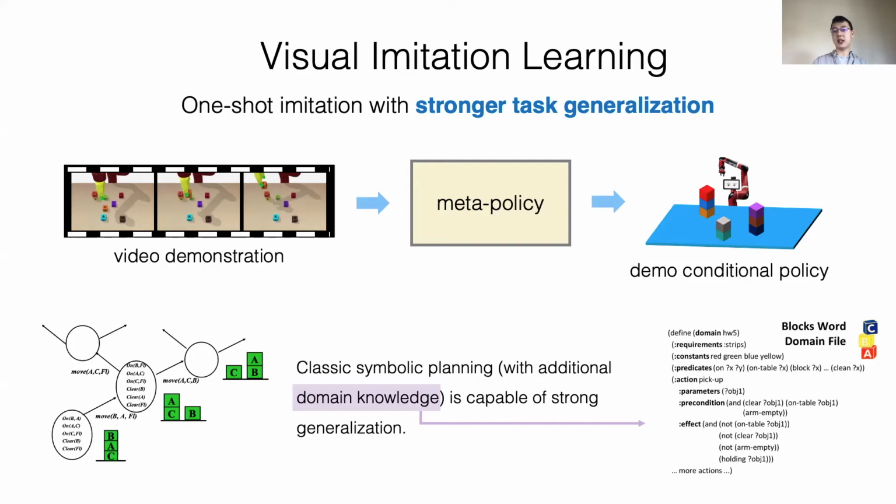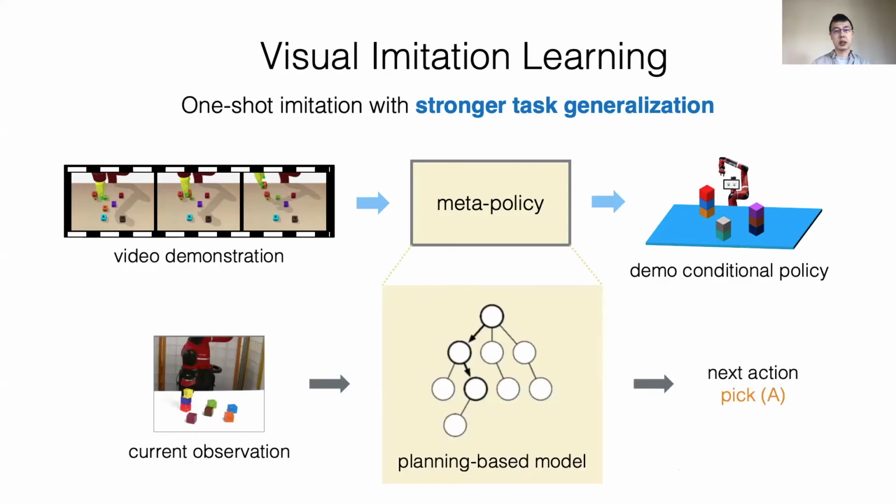A symbolic planner comes with a domain file that defines a set of high-level domain knowledge of the action preconditions and post effects in this problem domain. And it allows a model to perform planning without executing these actions, using this type of domain knowledge.